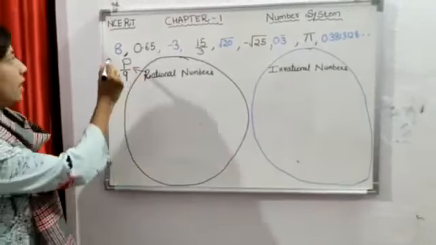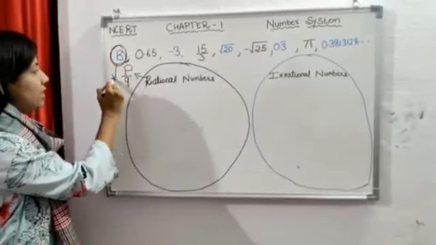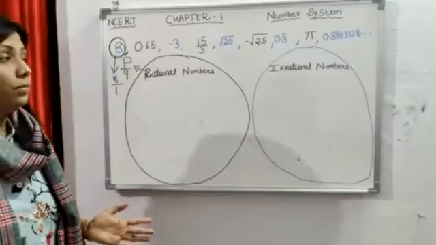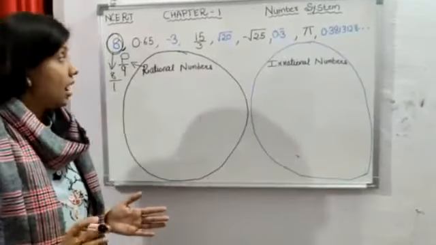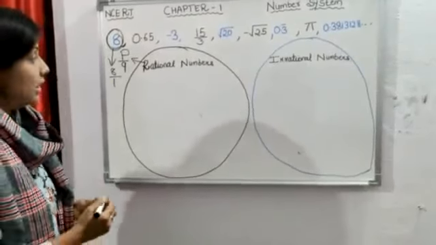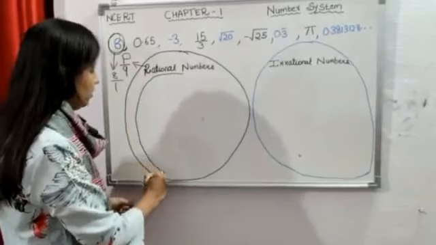Now, the first number is 8. 8 can be written as 8 upon 1, so it is a rational number. But I can say that 8 is also an integer. Integer is a subset of rational numbers.